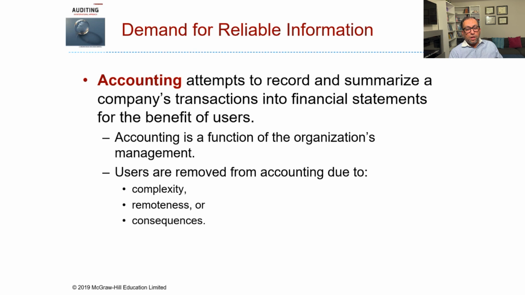Any transaction, a single penny going out or coming in, any asset going in or going out, we have to record it. And then you have to summarize it in a way that is generally accepted all over the world and within the context of a country, so that the reader of the information gets the same meaning that the maker is trying to convey. So accounting is the function of the organization's management.